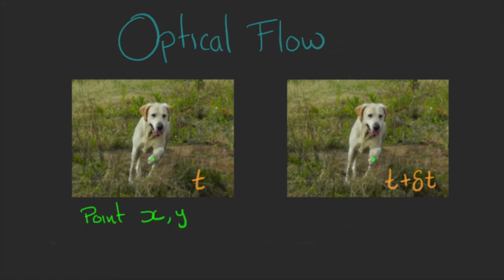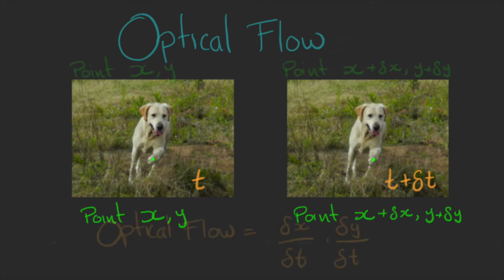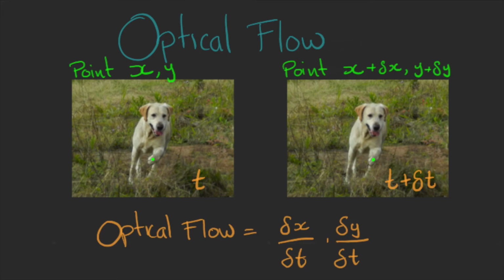And in the second image, the same point is now at x plus delta x, y plus delta y. Then the optical flow is given by delta x over delta t, delta y over delta t. And as you might be thinking, this can be easily calculated using the finite difference.